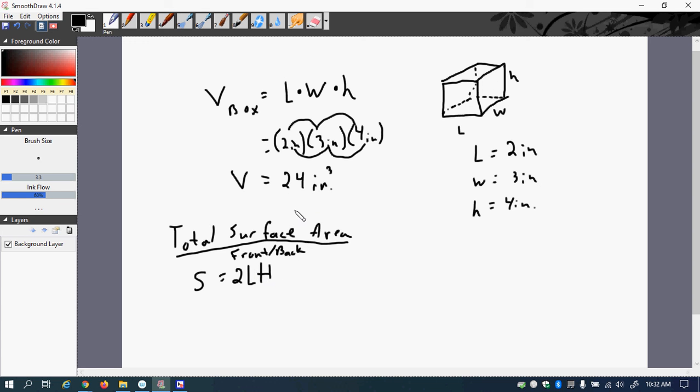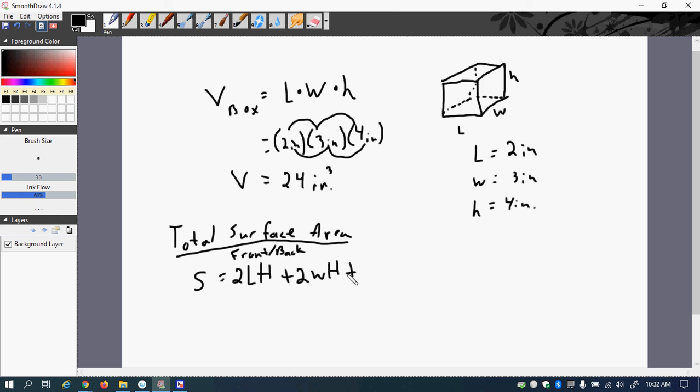That's why we call it 2LH. Now we have to do the sides. If I want to calculate the sides of the box, that would be the width times the height. And I have two of those because I have two sides, one here, one here.